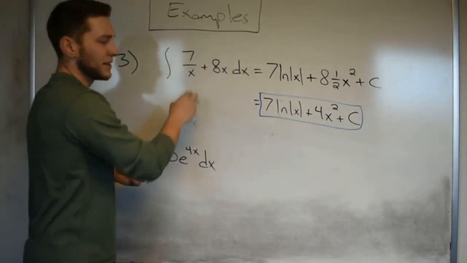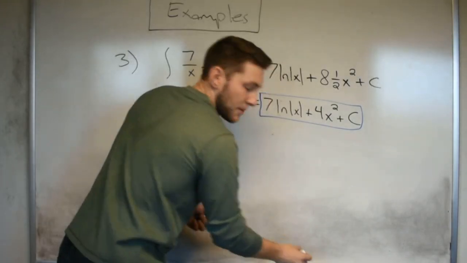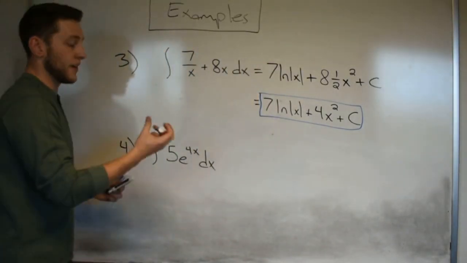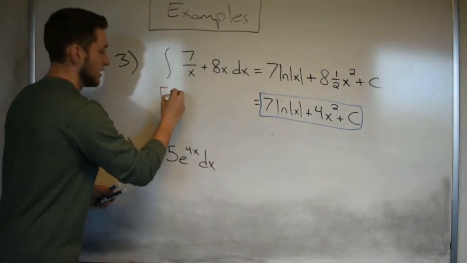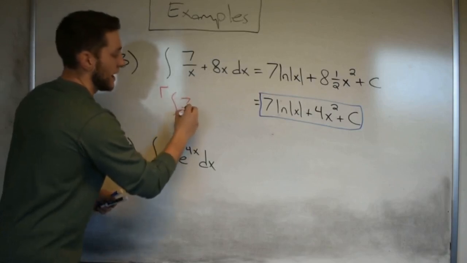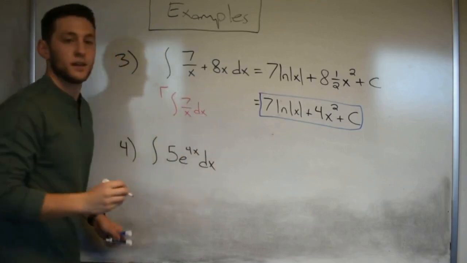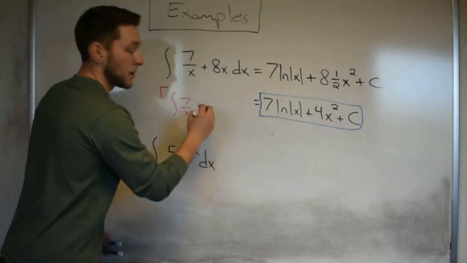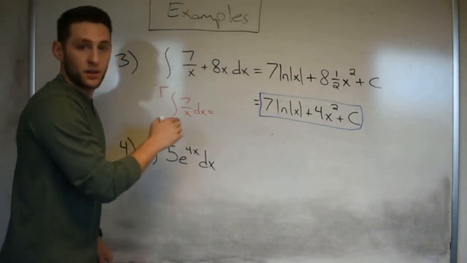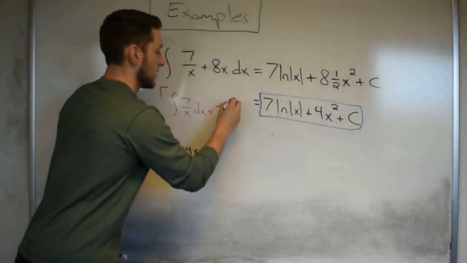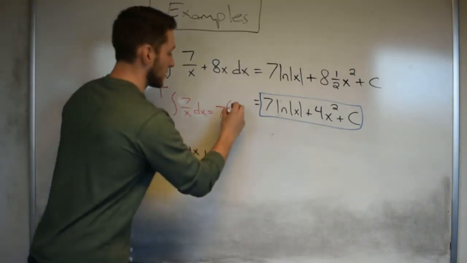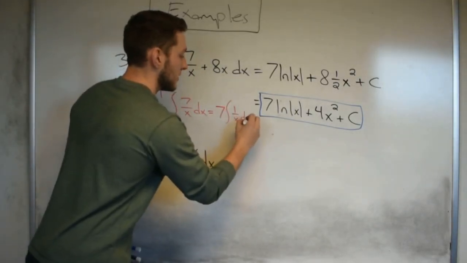If you're still worried about the 7 over an x, let's talk about it a little bit real quick. If I had in red the integral of 7 over x, what I could do is, remember, I could factor out the constant. So I could have 7 times the integral of 1 over x dx.